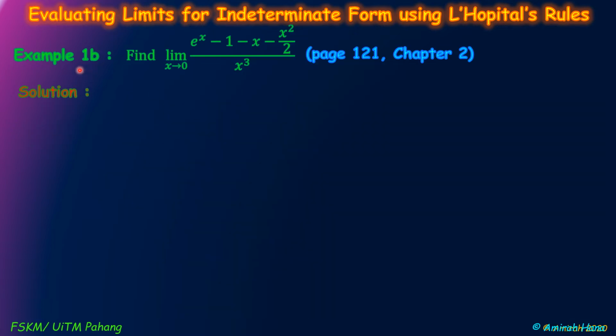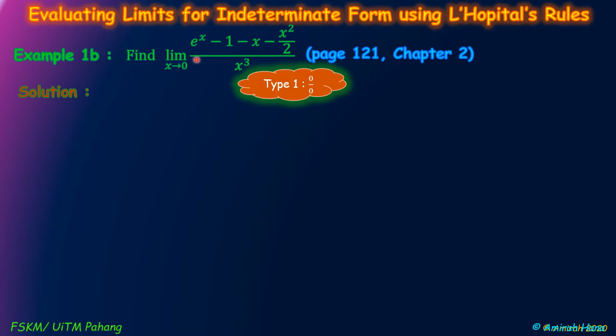Now we continue with example 1b. Find limit x to 0 of (e to the power of x minus 1 minus x squared over 2) over x cubed. This example is from page 7 in chapter 2 in your handout.